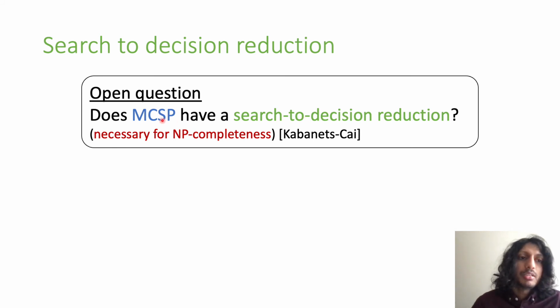So if MCSP is NP complete, it also needs to have a search decision reduction. Indeed, it's a necessary condition for NP completeness, and this was observed by Kabanets and Cai, who in 2000 asked this question: does MCSP have a search decision reduction? And this has been open for a while.